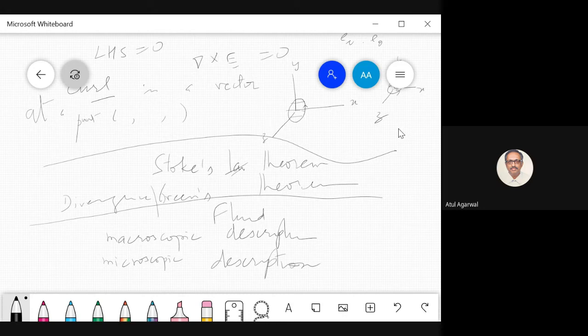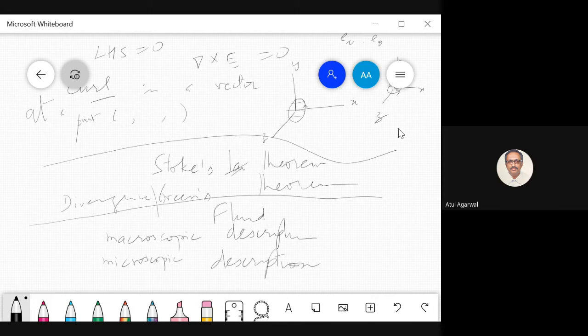You are losing the microscopic description. You are losing the fine details. You are working on a coarser picture. You don't bother about what individual atom is doing. So you reduce your degrees of freedom. You don't want to solve billions of equations. You do an averaging process.